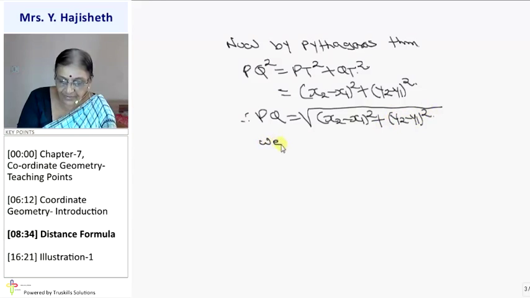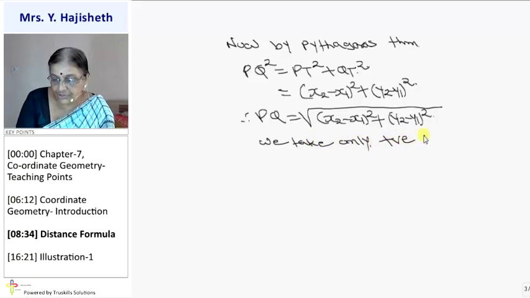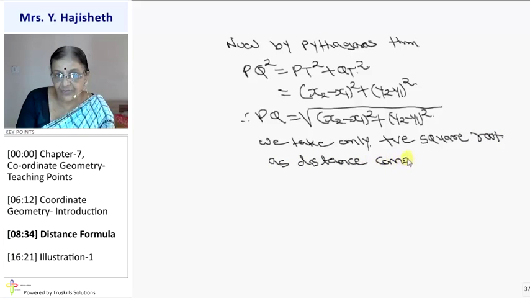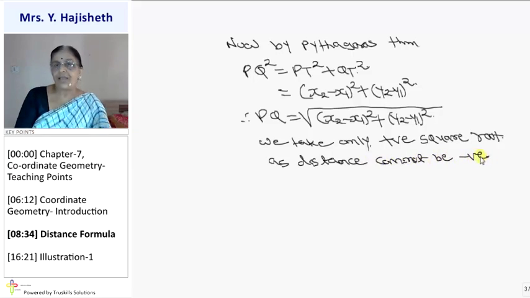We take here only the positive sign. Square root can be positive or negative. But I take here only the positive square root. Why? Because distance is always a positive number. Distance cannot be negative. So I will take the positive square root, okay?